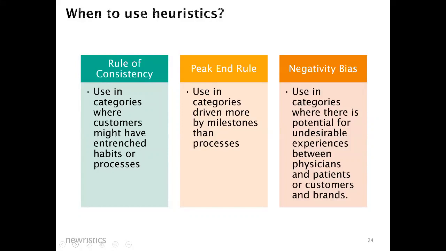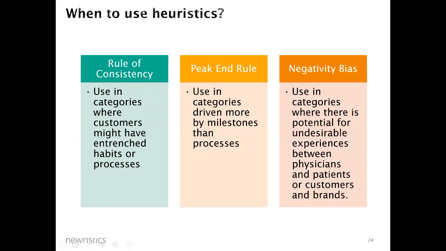If you're working in a category like that, you would want to dig into this heuristic. It will help you explain the psychology behind those habits, and if you're trying to change those habits, it will give you much greater ammunition on how to talk to customers to break those habits or change them.